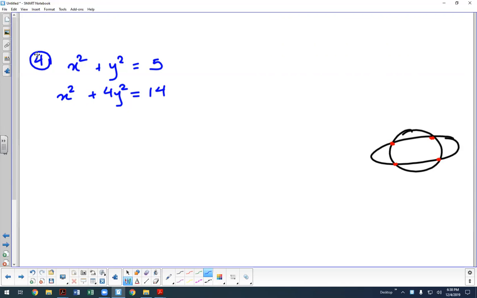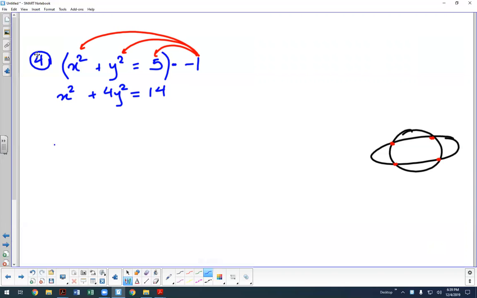So what we're actually going to do is take our first equation and multiply the entire equation just by -1 so we can get that negative x squared. So keep in mind that -1 will multiply with the entire equation, okay? You could have also multiplied the second one with -1, but I just wanted to keep my numbers positive, so that's why I used -1 on the first equation.